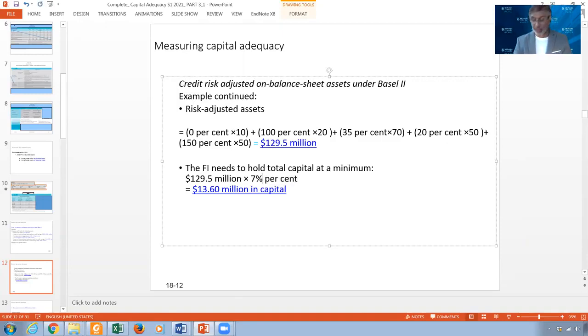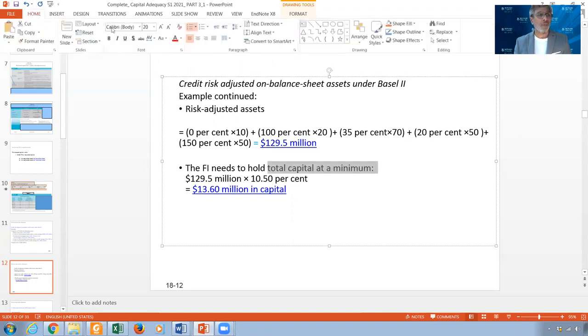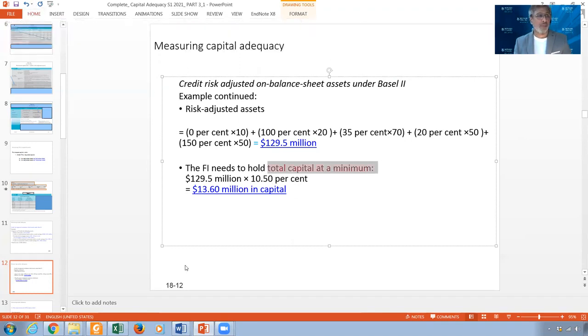You can talk about tier 1, and you multiply this by 8.5%. But now we are talking about total capital. So this is how we do it for on balance sheet.